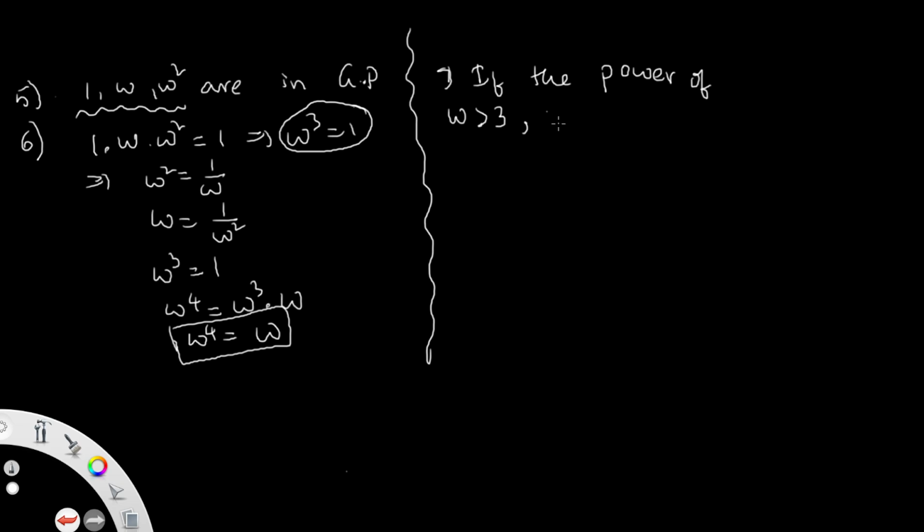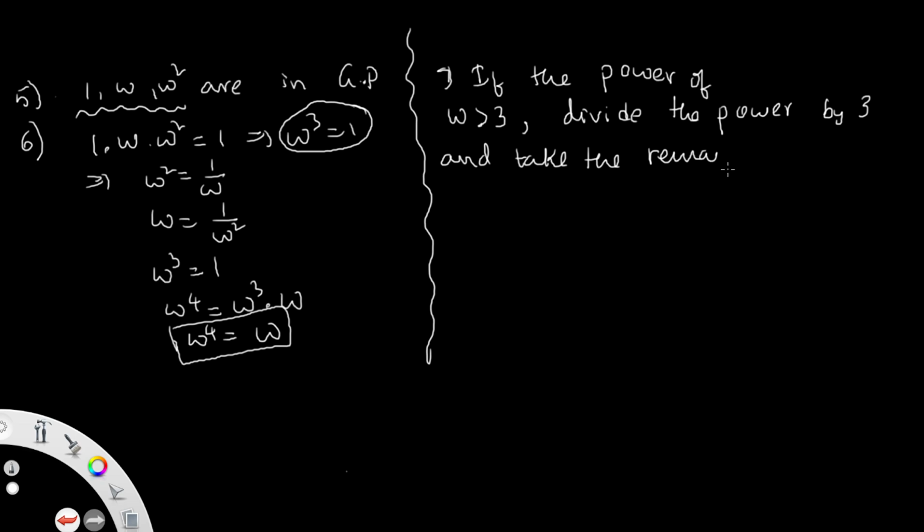If the power of i is greater than 4, then divide by 4 and take the remainder as the power of i. Here also the power of omega is greater than 3, so divide the power by 3 and take the remainder as the power of omega.